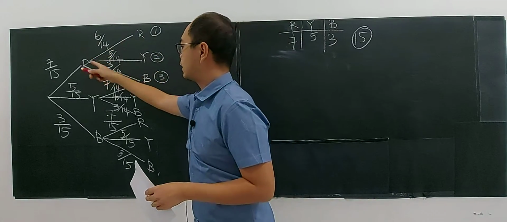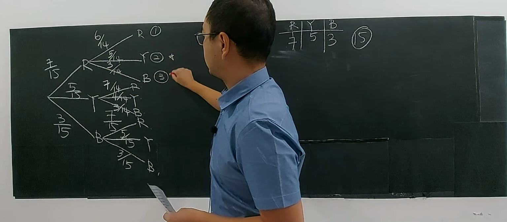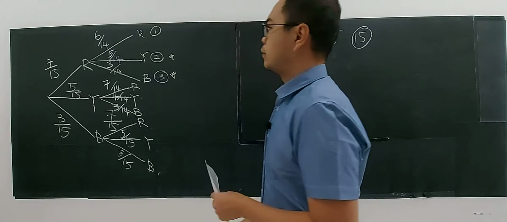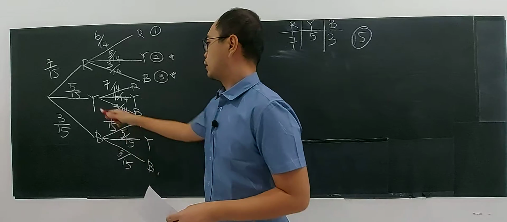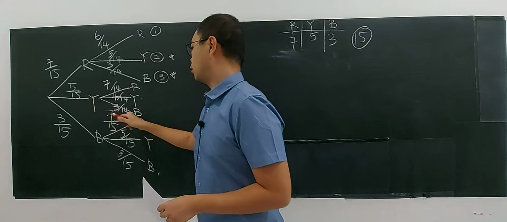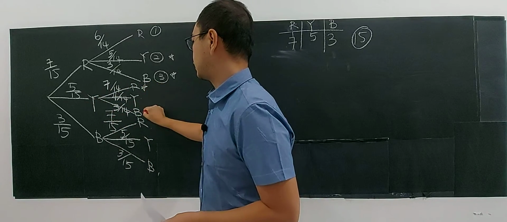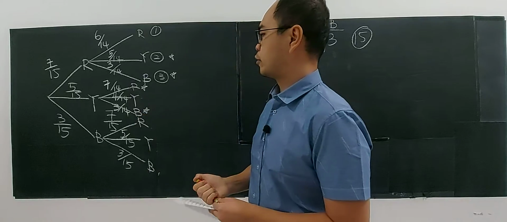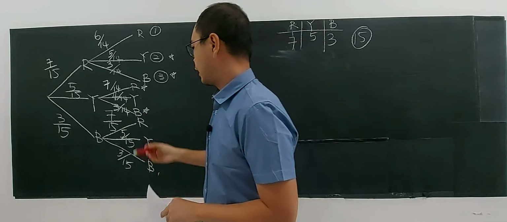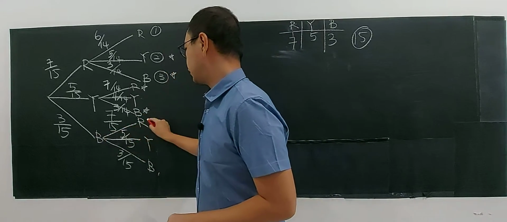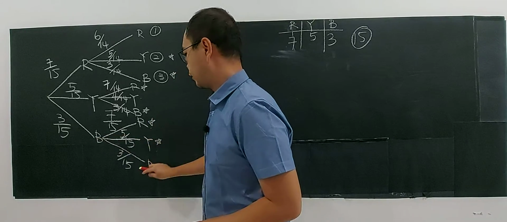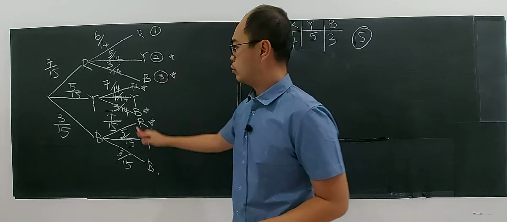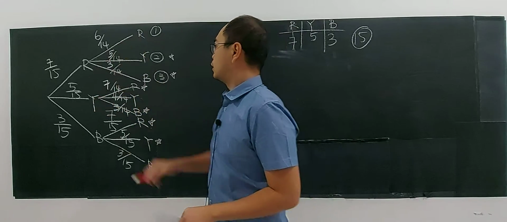This is the same color. These are different colors: red yellow, red blue, yellow red, yellow blue. I put a star here to tell you that it comes from these branches. And this is also blue and red, blue and yellow, but not blue and blue, same color, no.